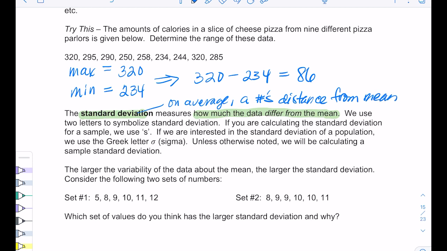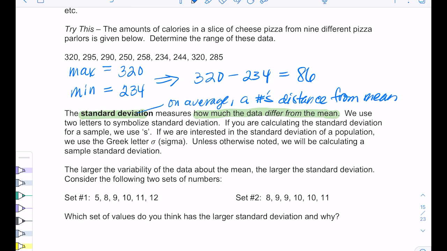There's 2 letters to symbolize standard deviation, just like there's 2 letters for average. When we're dealing with a population average, we use the Greek symbol mu. When we're dealing with a sample average, we use x bar. So when we're dealing with standard deviation, we're talking about on average a number's distance from the mean. There's a population standard deviation and a sample standard deviation.